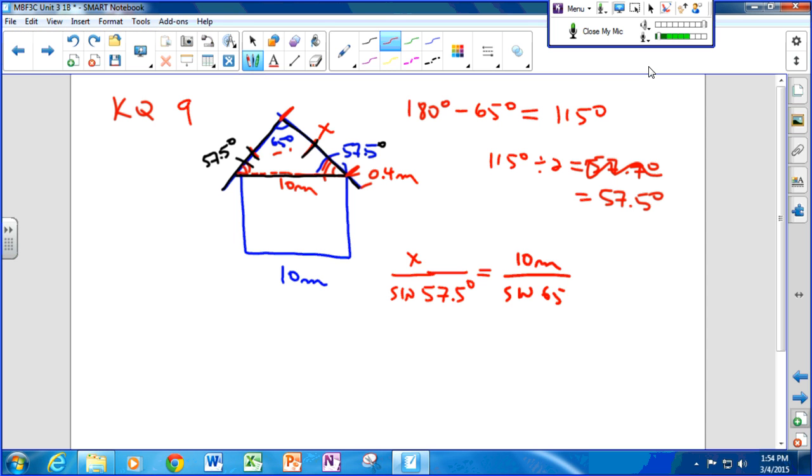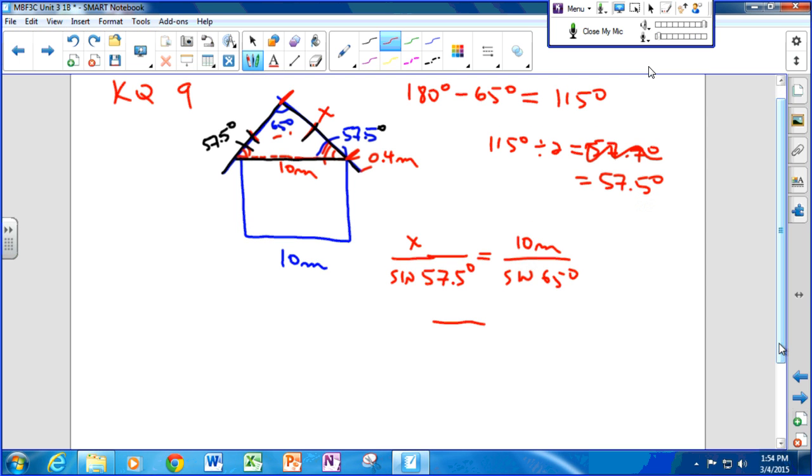So we can solve that, but wait, here's the thing. If you stop there, you haven't answered the question, because if you stop there, you've answered how long this part is here in green. But they want to know how long the rafters are, and the rafters are these pieces of wood that stick out, they jut out past the walls of your house.